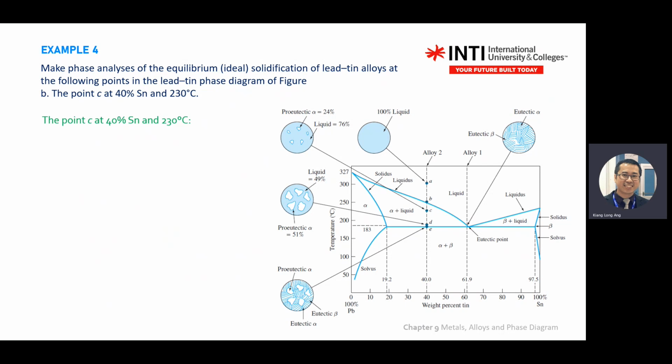Draw a straight line. Point C, you draw a straight line. Okay. What do you have? Left pocket, you have what? Alpha. Right pocket, you have what? Liquid. So you only have two phases.